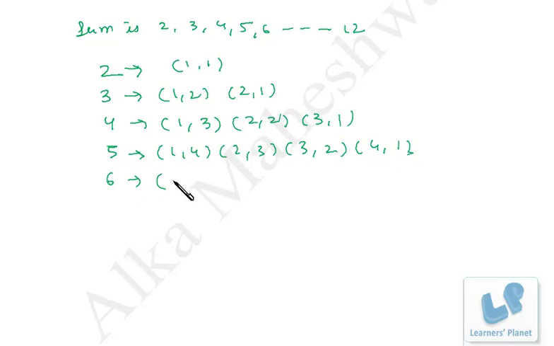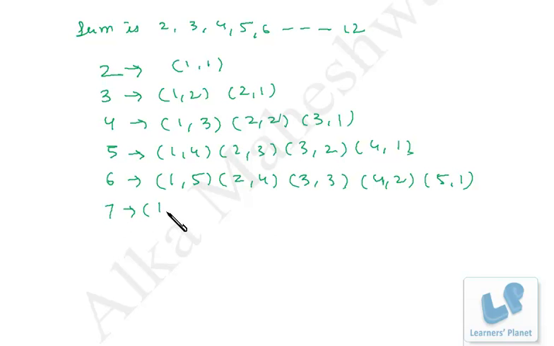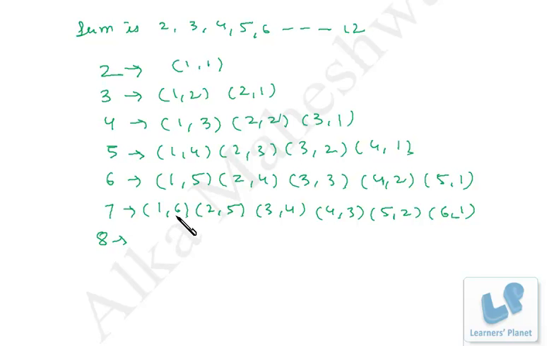For 6, 1, 5, 2, 4, 3, 3, 4, 2 and 5, 1, right? For 7, 1, 6, 2, 5, 3, 4, 4, 3, 5, 2, 6, 1. Okay. Similarly for 8, now we cannot use 1 because on the dice the maximum number is 6.